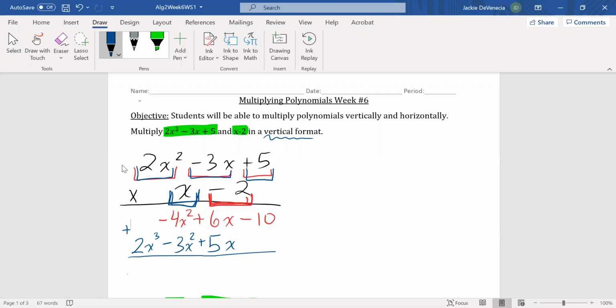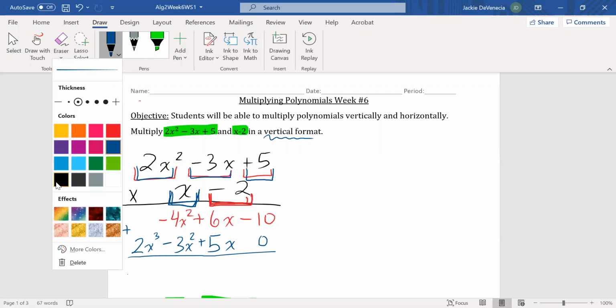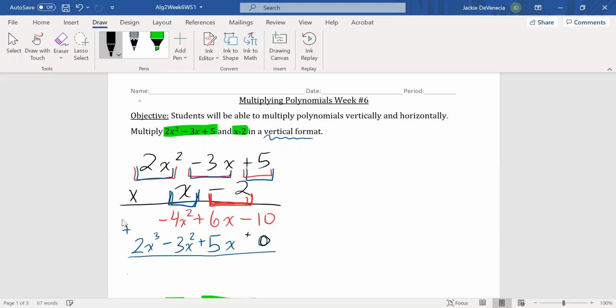Now over here, remember we're going to be adding these like terms. And lucky for us, our like terms are right underneath each other. So this is going to start off with -10 plus 0, that's just going to give you a -10. Now here we have a +6x plus a +5x. That's going to give you 11x, and it's a positive.